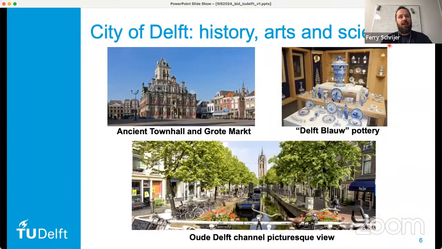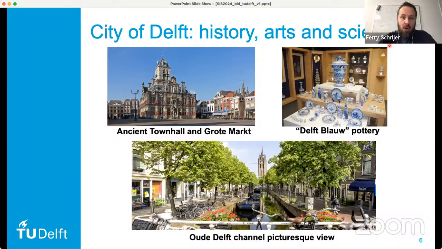So Delft, here you see some pictures of our small city. It's very characteristic of the Netherlands. It's from the 17th century. On the top left, you see our town hall, which is from that period, and also the main square.